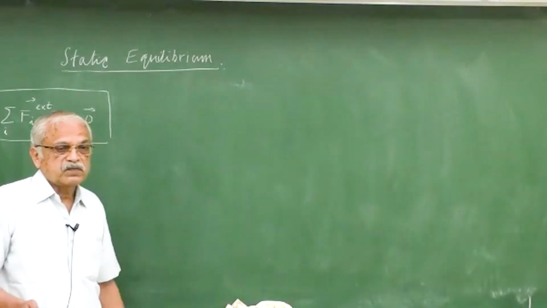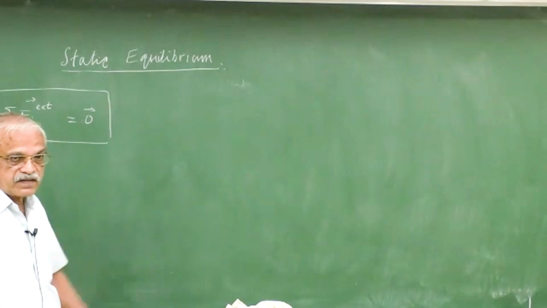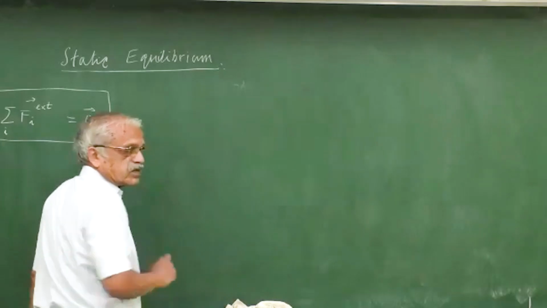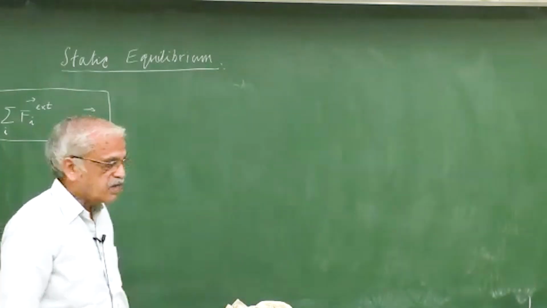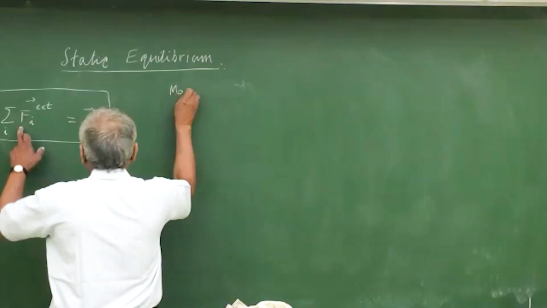Whereas if you come to the rigid body, they are not acting at the same point. They are acting at different points. So what happens here is that we also now have to be bothered about moment. Okay, moment is the other equation.